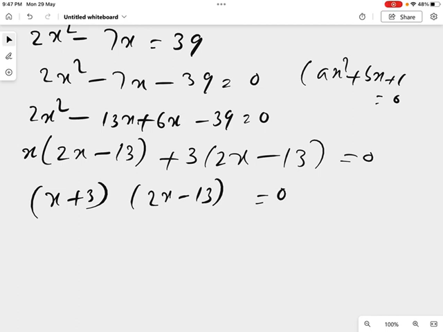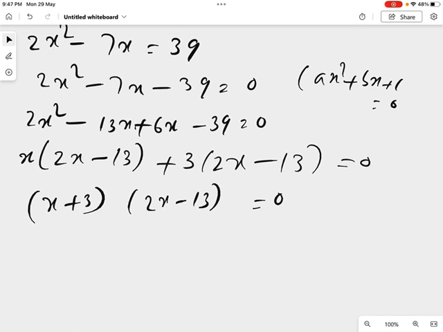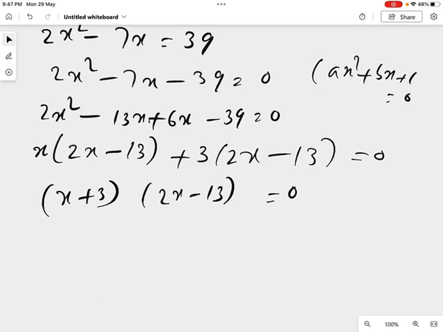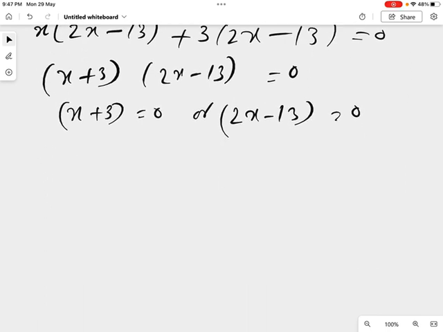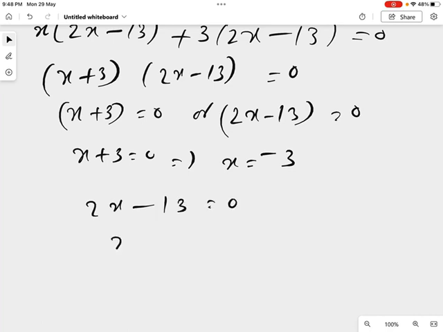Then the product of two factors is equal to 0 means either x plus 3 is equal to 0 or 2x minus 13 is equal to 0. Then x plus 3 is equal to 0 implies that x is equal to minus 3, and 2x minus 13 is equal to 0 implies that 2x is equal to 13 and x is equal to 13 divided by 2.